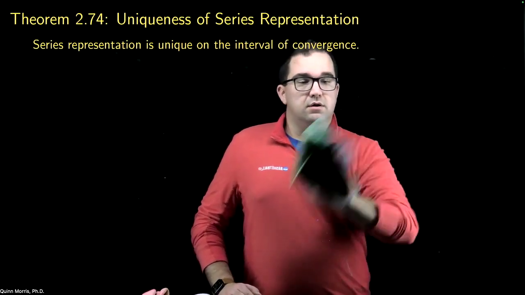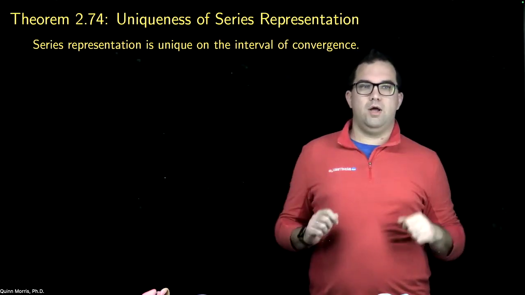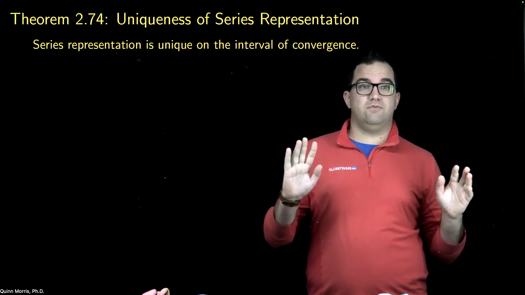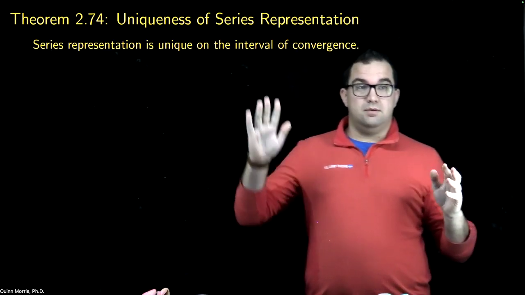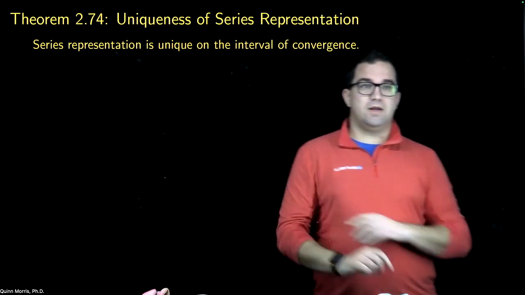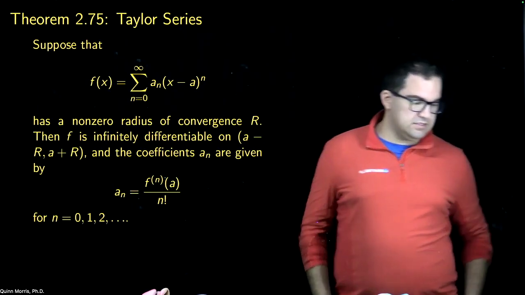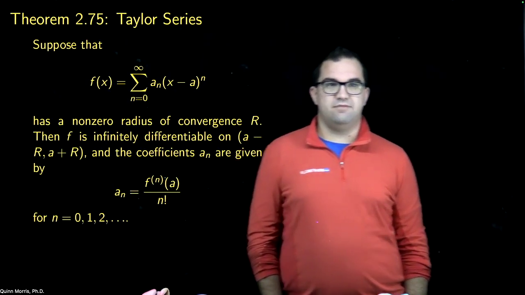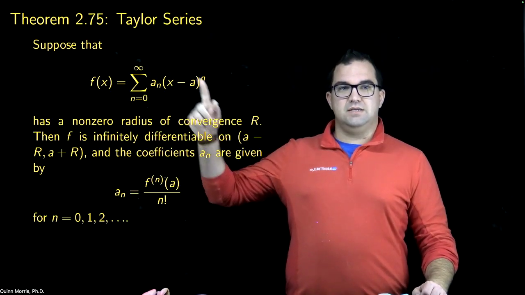So I have some fixed function and I want to write down a series representation for it. Well, the first nice thing is this theorem tells us there's only one with a given interval of convergence. So in some interval, there's only one power series representation. Now the question becomes, well, what is that one? And so that's what theorem 2.75 tells us. So suppose f of x is just equal to this.